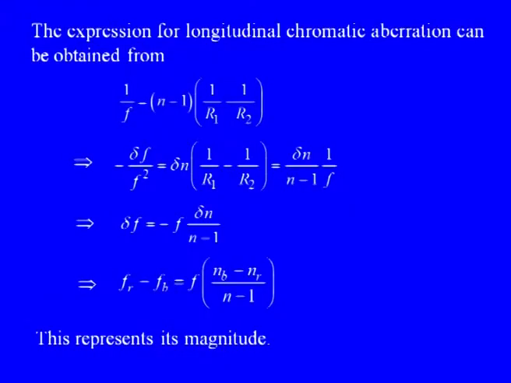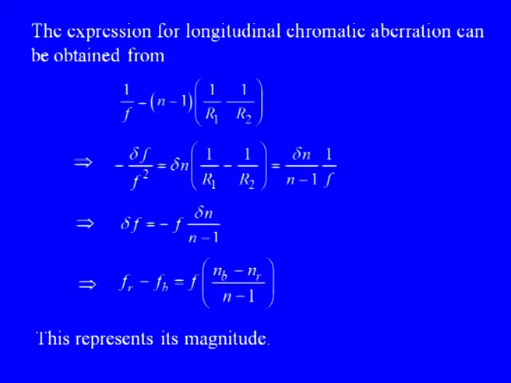If we differentiate it, we get minus delta f upon f square equals delta n times this factor, 1 upon r1 minus 1 upon r2. We substitute its value. So, this becomes equal to delta n upon (n minus 1) times 1 upon f. So, delta f is equal to minus f times delta n upon (n minus 1).